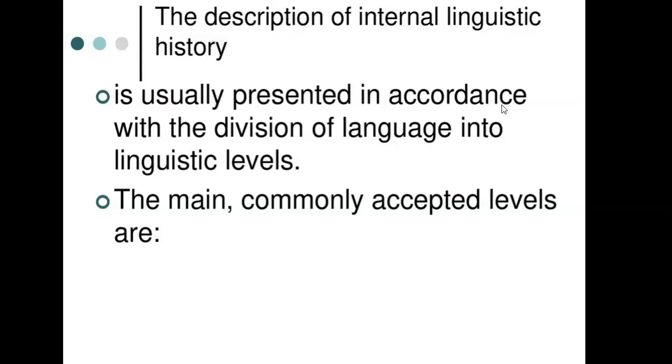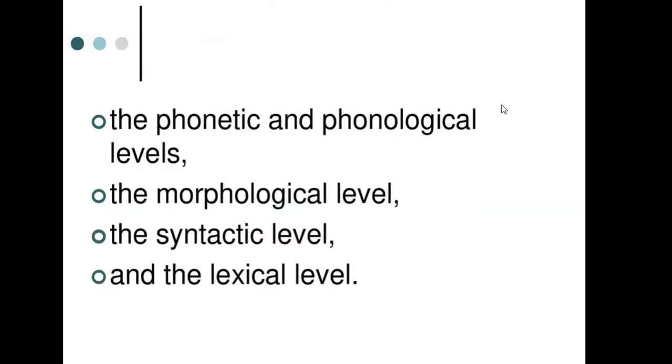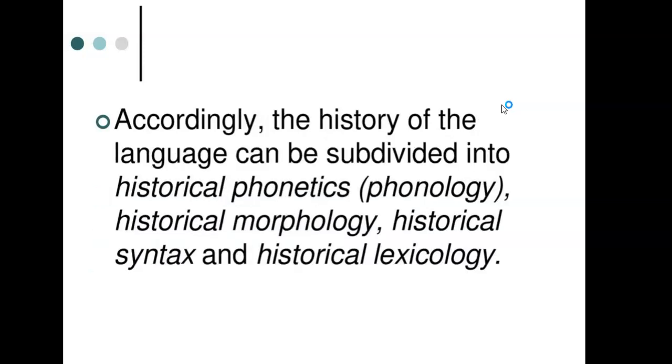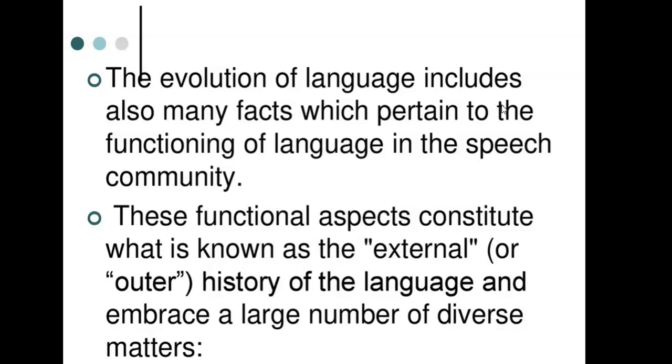The main commonly accepted levels are the phonetic and phonological levels. The second one is the morphological level. The third one is the syntactic level. The fourth one is the lexical level. Accordingly, the history of the language can be subdivided into historical phonetics, phonology, historical morphology, historical syntax, and historical lexicology.